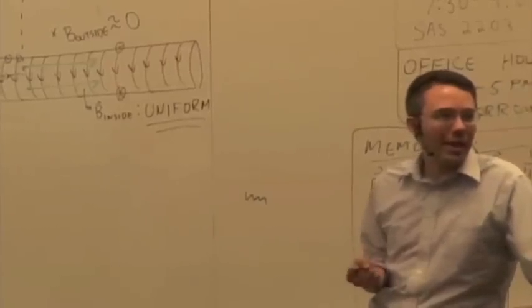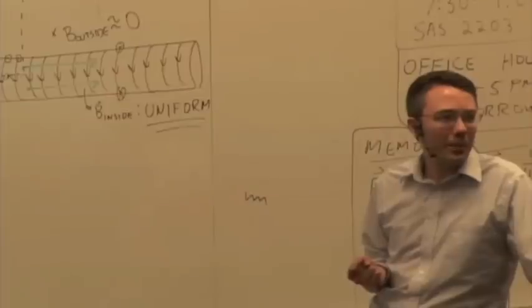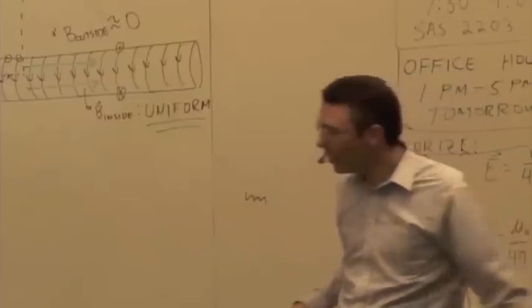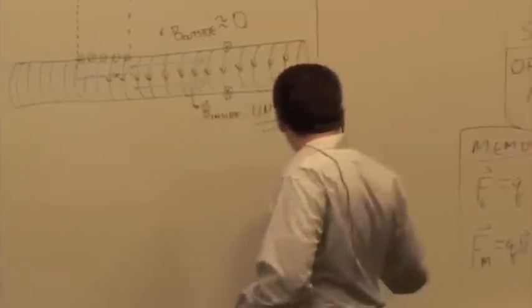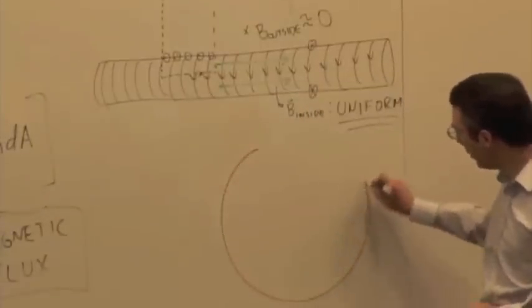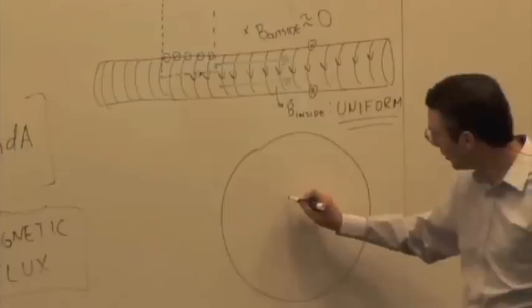But where is the magnetic field? Only in the solenoid, right? Everywhere else, it's equal to 0. So if I'm thinking about calculating the flux, let's draw it again, looking down the solenoid head on.